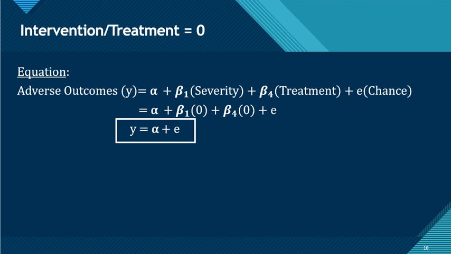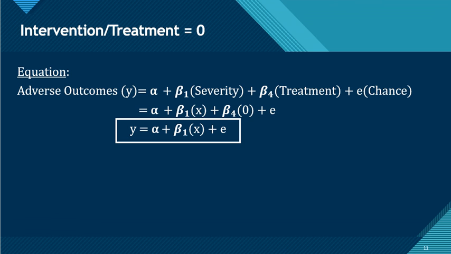In this first example, adverse outcomes are mainly due to random chance, or E. The equation states adverse outcomes equals its y-intercept plus beta sub 1 plus beta sub 4 plus E. When beta sub 4 is given a 0, it then cancels out and leaves alpha plus beta sub 1 and E. Also in this instance, you see that beta sub 1 is also given a 0, which then cancels out as well. So the end result is adverse outcomes equals alpha plus random chance.